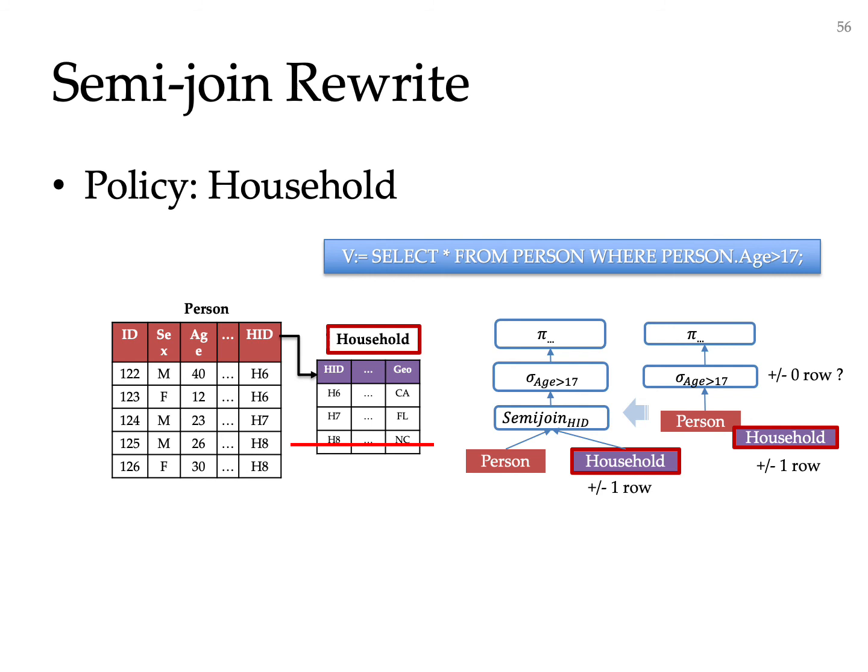And based on the new query execution plan, changing one row in the household table may lead to more than one result affected in the semi-join output. Thus, the sensitivity for semi-join operators equals the maximum join multiplicity. In addition, as the filter and the select operators have sensitivity bounded to 1, we obtain the overall sensitivity equal to the maximum join multiplicity for the semi-join operator.